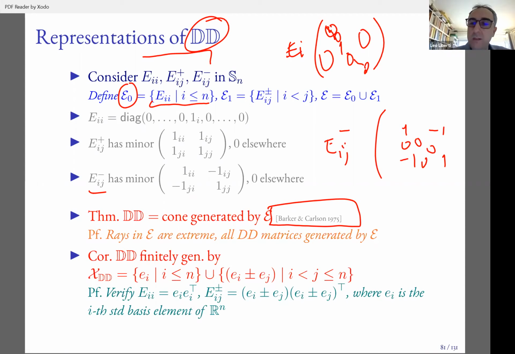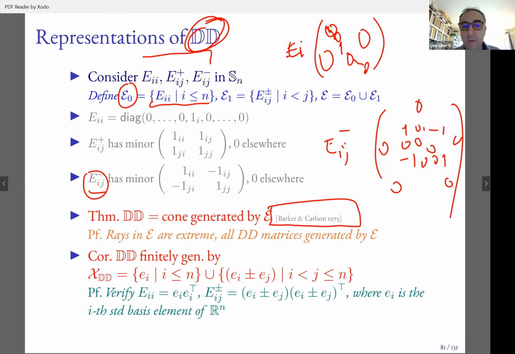That's the kind of matrix that E_ij really is. So these matrices generate the extreme rays of the DD cone, and they are all rank 1 matrices.